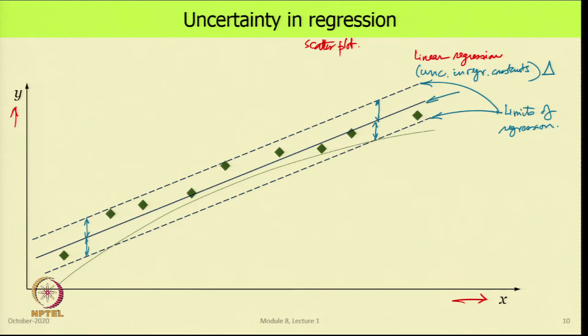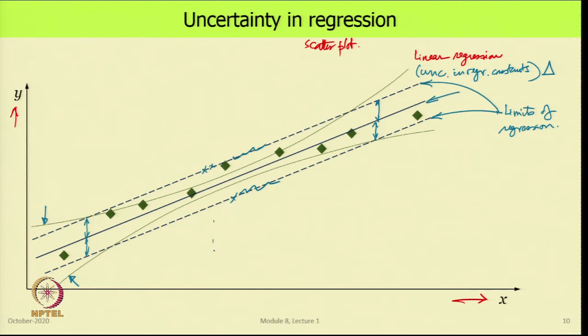It could be that the lower regression line is like this and the upper regression line is like that. So, you have this line and this line, in which case we will not show these lines and we will just show these lines to depict what is the uncertainty with different values of x.